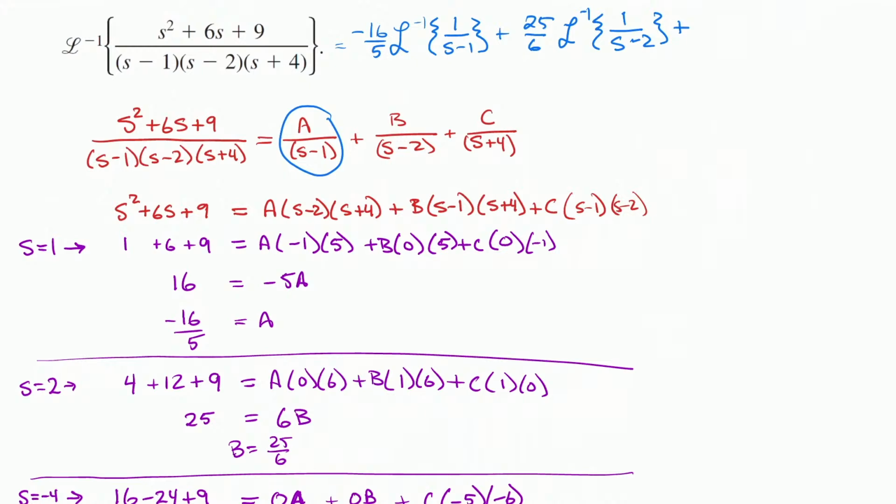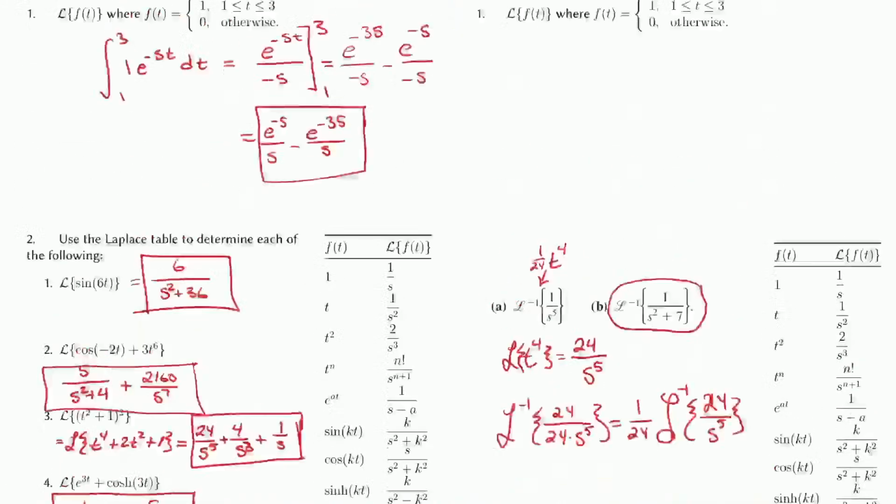And then the final one was 1/30. I know it's off the screen, but you remember. I'll show it to you in just a minute. 1 over S plus 4. Now that I've got that, the rest of this is super straightforward. Negative 16/5 times e to the t. You say, where'd the e to the t come from? Well, it came from this table. So if you look down the table, okay, I'll go find the table. There it is.